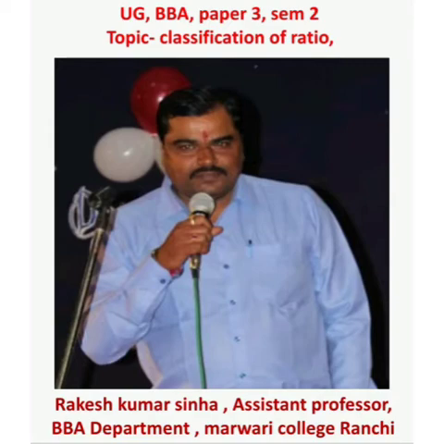Accounting ratios are calculated by taking data from financial statements. On the basis of financial statements, accounting ratios are classified into income statement ratio, balance sheet ratio, and composite ratio.